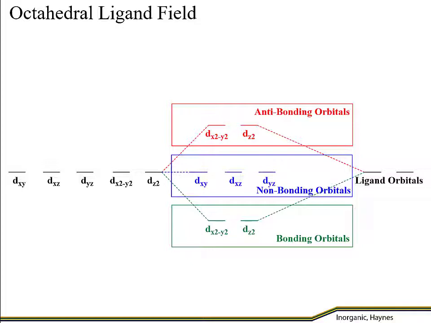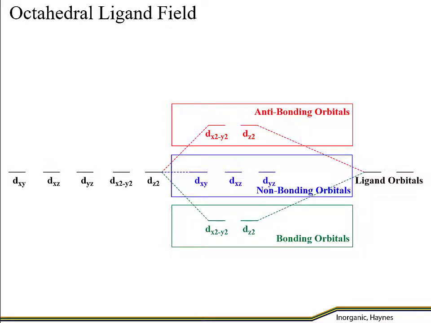Again, these just don't have any significant overlap with our ligand orbitals, and so we can't form a new molecular orbital that contains both these orbitals and our ligands. Lastly, we have these anti-bonding orbitals that are high-energy orbitals that result from the destructive interference or overlap of our ligand orbitals and either dx squared minus y squared or dz squared.